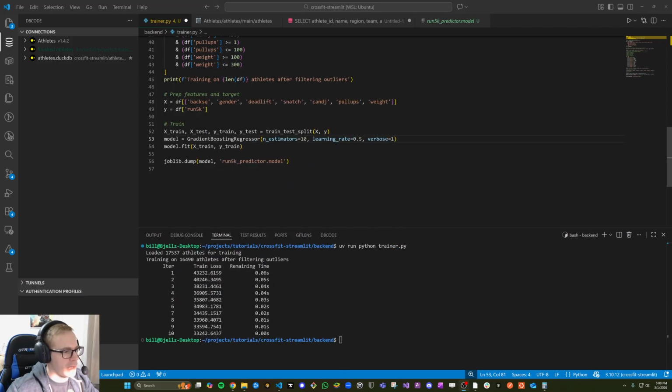So after looking at the data a little, now we can look at the actual hyperparameters. The most obvious one to test here is the number of iterations. 10 iterations is pretty small, and you see that the loss is going down by a fair amount each time.